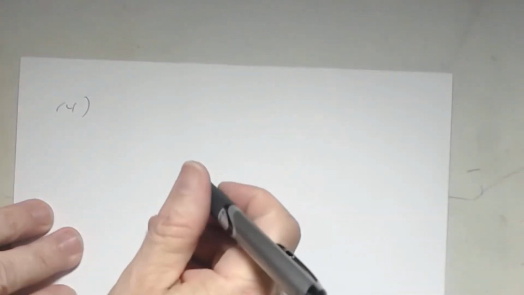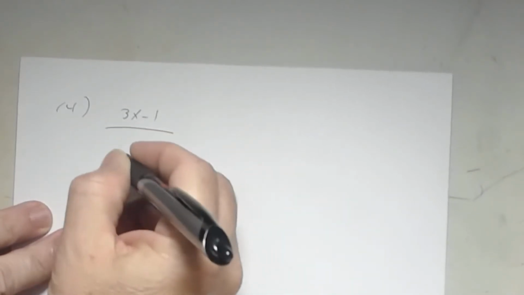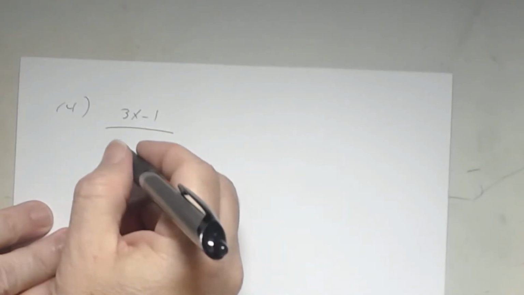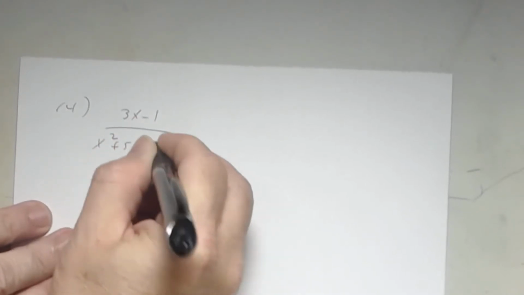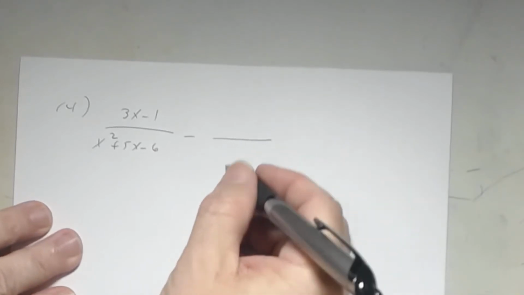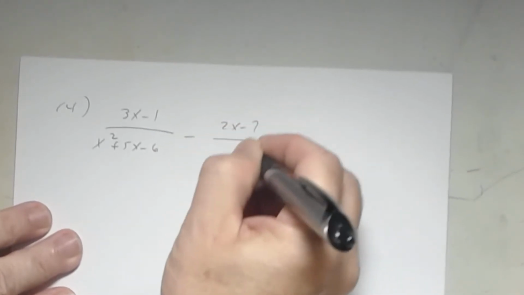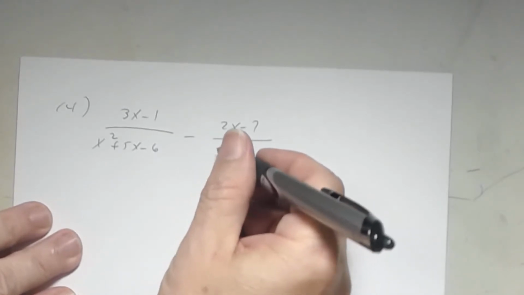All right, 14. 3x minus 1 divided by x squared plus 5x minus 6, minus, and then 2x minus 7. Is it x squared plus 5x minus 6? Yeah. X squared plus 5x minus 6.